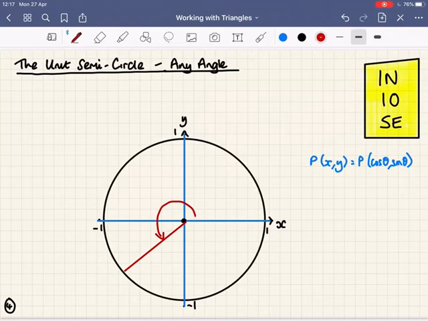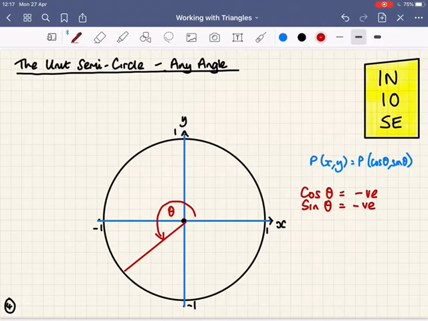What we can say is in this quadrant that the cosine of theta, this angle theta, is going to be the x-coordinate. It's going to be negative. And sine theta in this quadrant is going to be the y-coordinate, and that's also negative. So in both of these cases, the ratio is going to return a negative value.